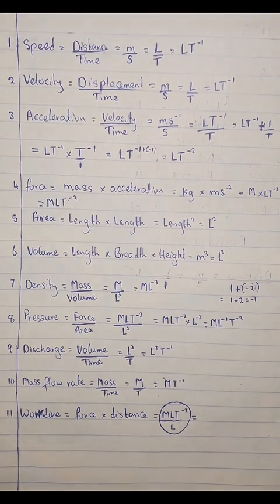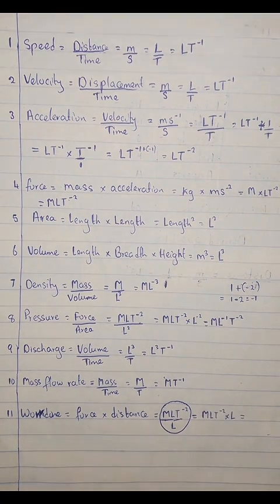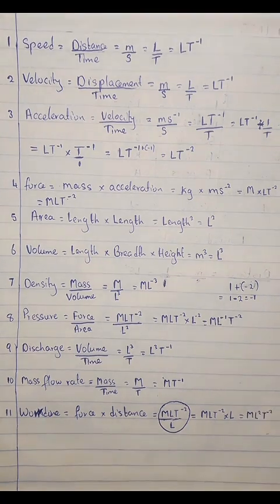Let's look at one more before we end this video. Let's look at power, and recall the formula for power is what? Work done all over time. Recall we had work done as ml square per t square, and we have time as t.